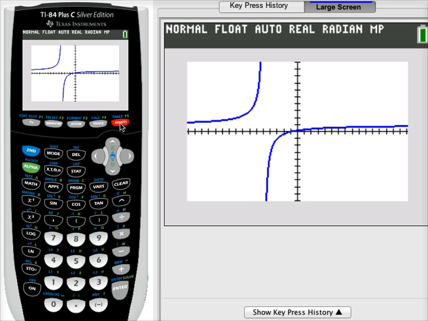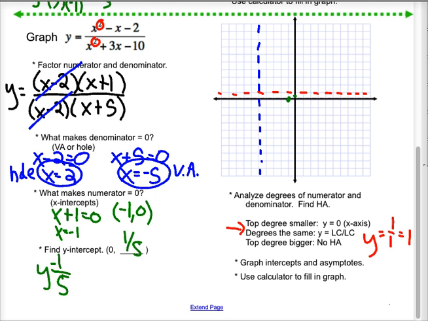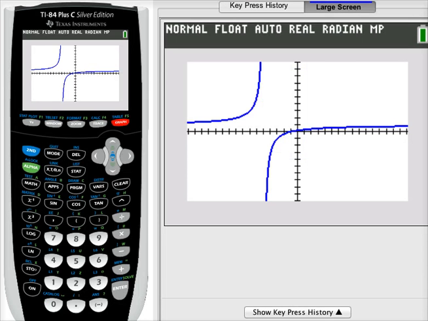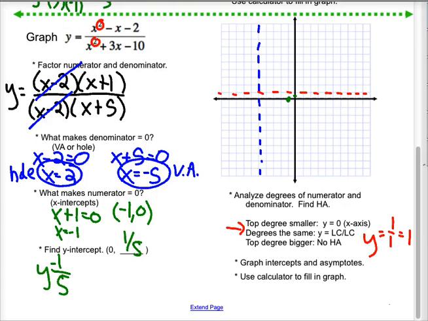So let's quick sketch that. So again, let's take a look. The upper piece looks like that. This lower piece looks like that. Now, about that hole, okay, remember we have a hole at x equals 2.